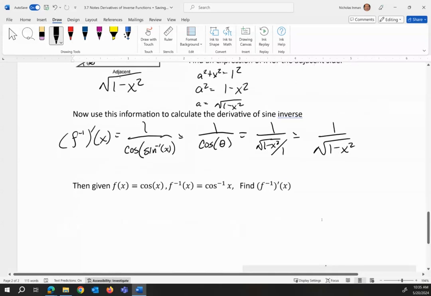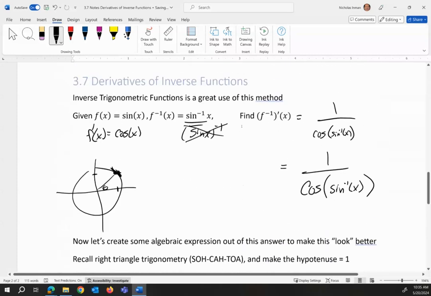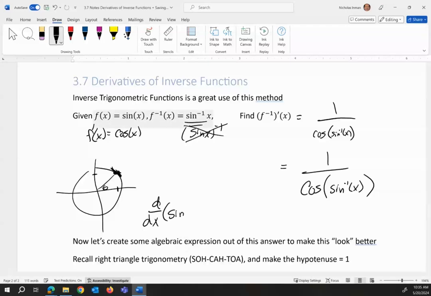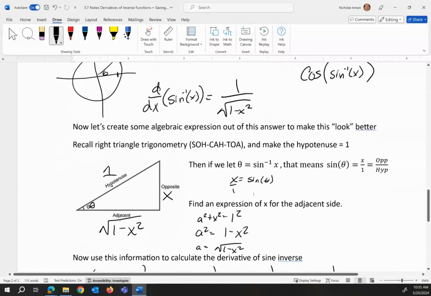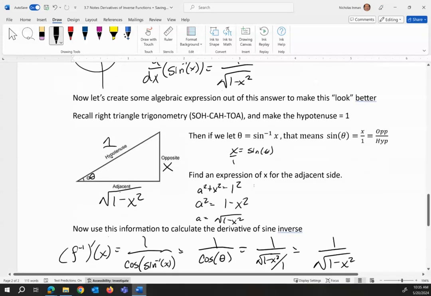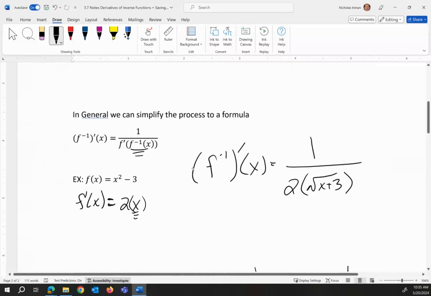So the derivative of sine inverse becomes just this wonderful little formula, 1 over the square root of 1 minus x squared. That's where this leads us.